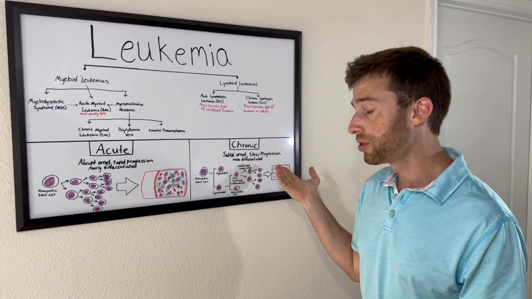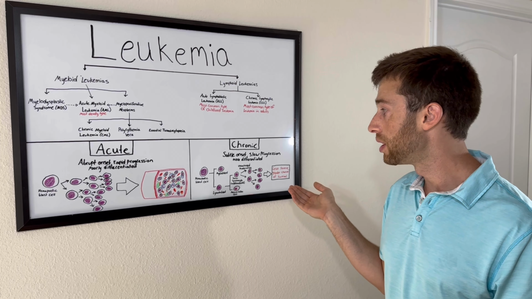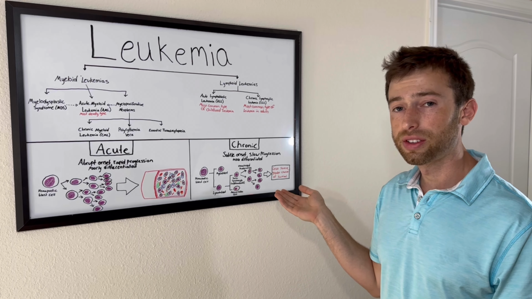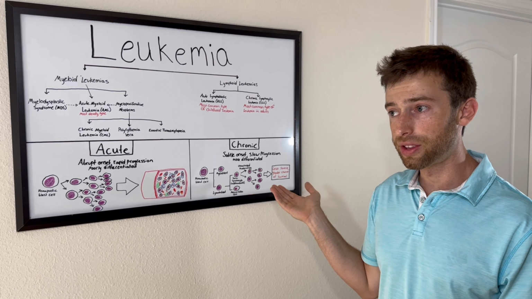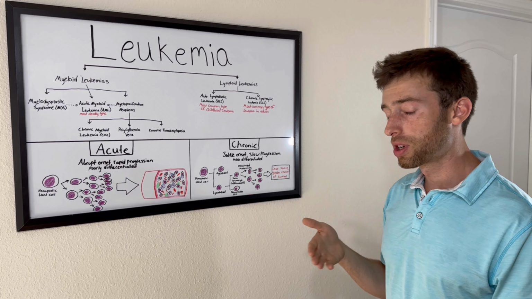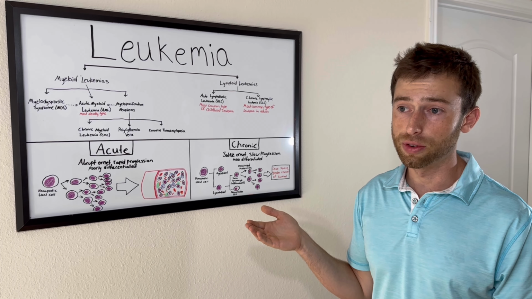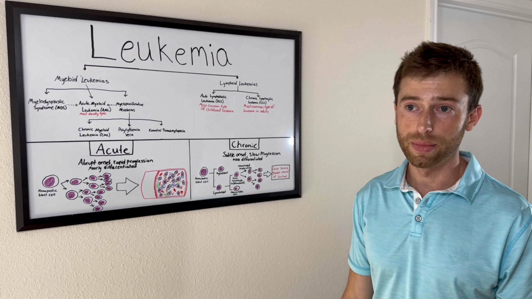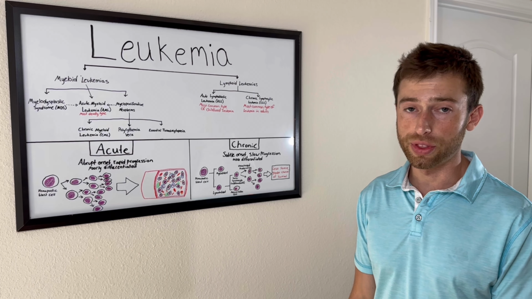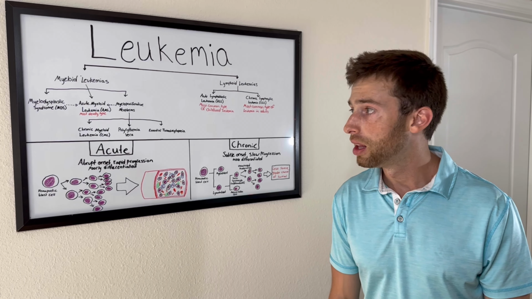Whereas the chronic leukemias you're going to see more often in our older patients. They're not nearly as lethal as an acute type of leukemia would be. They spread more slowly, and oftentimes they don't even require treatment because chemotherapy can do more damage than good in these sorts of cases.